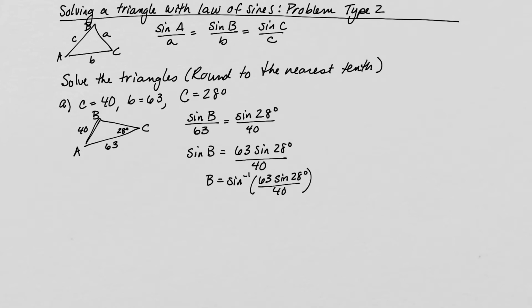And if I do that, that turns out to be 47.7 degrees. Now, if you remember the unit circle, the sine is positive in the first quadrant, but it's also positive in the second quadrant. But the inverse sine only gives us angles in the first quadrant. So there's always going to be an angle in the first quadrant as well as an angle in the second quadrant.